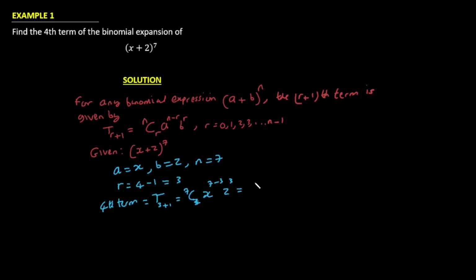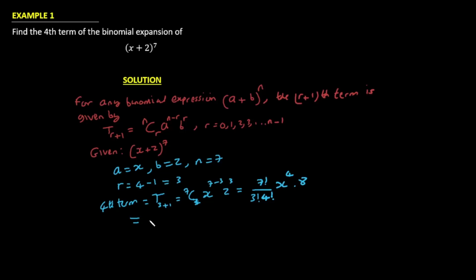This gives us 7 combination 3, which is 7 factorial over (7 minus 3) factorial, that is 4 factorial, times 3 factorial. Then x to the power of 7 minus 3, which gives us 4, and 2 to the power of 3, which gives us 8.